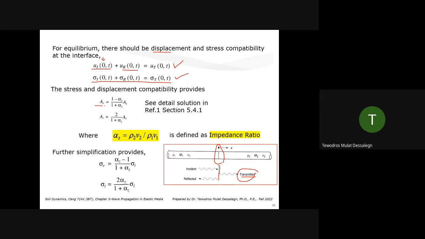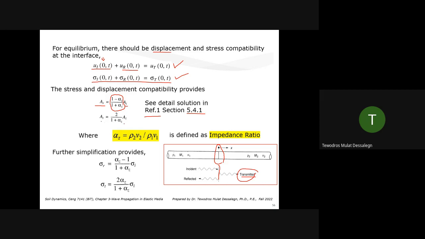The amplitude of the displacement for the reflected wave, R, can be given in the form of the incident amplitude with some multiplier, (1 minus αz) over (1 plus αz). The derivation of this equation you can see in reference 1, the Kramer book, section 5.4.1, if you're interested in the detailed derivation. But our main interest is: how much is the displacement amplitude amplified or de-amplified?